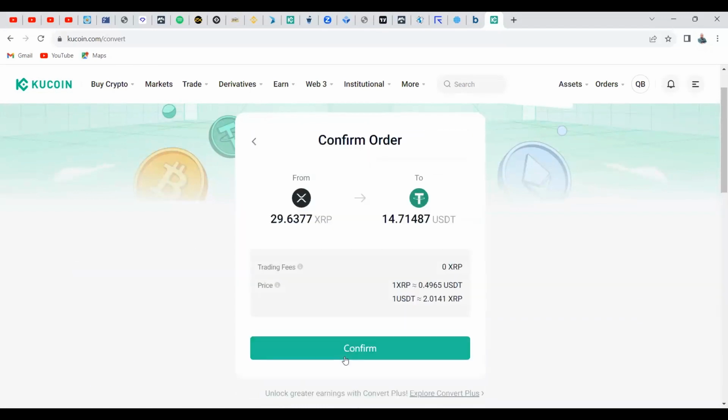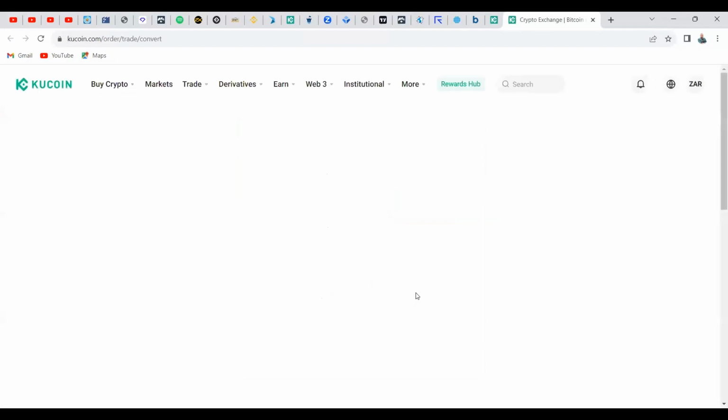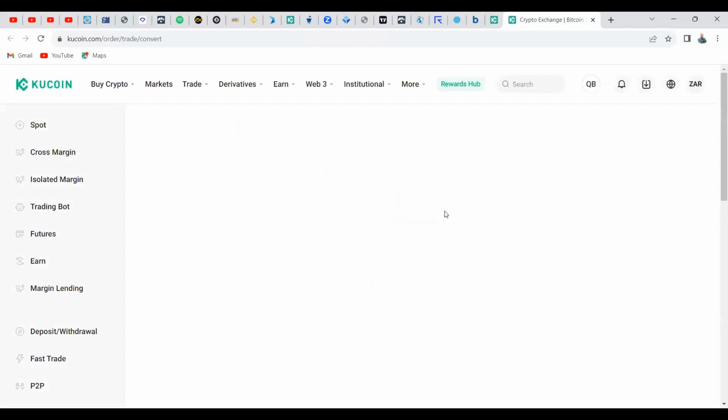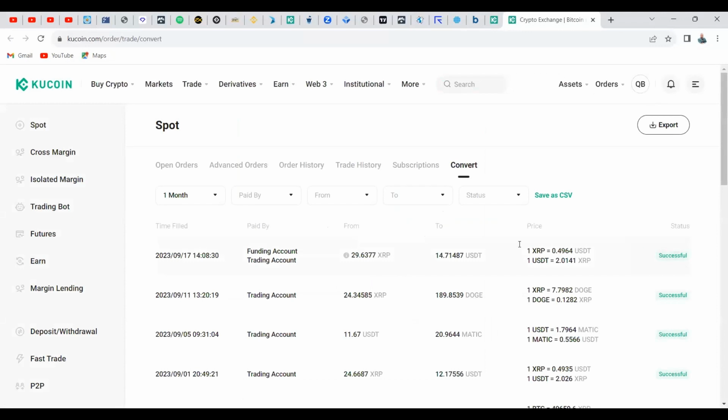Right, so then I simply click on confirm, and then I confirm my order. It says that the funds have been transferred to your trading account, and if I click on view order, I can simply view that order. Kucoin is going to show me my order.